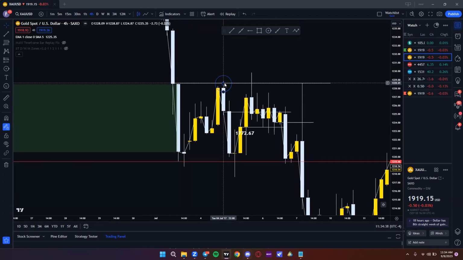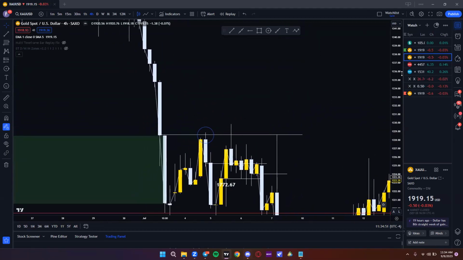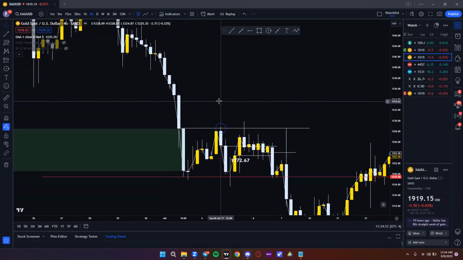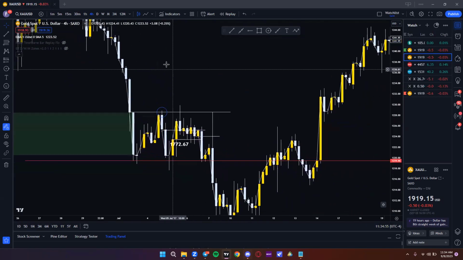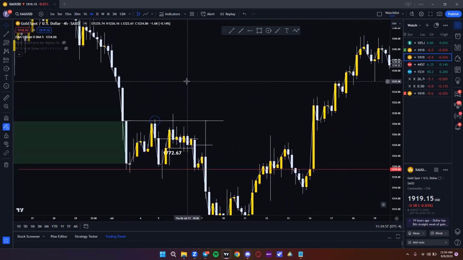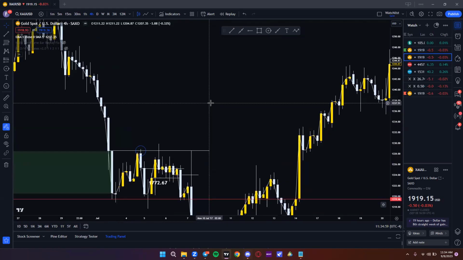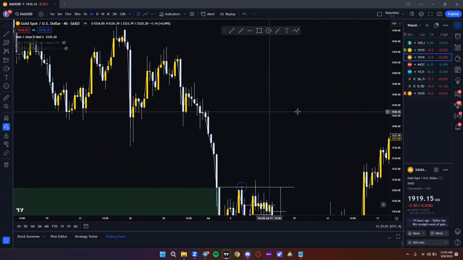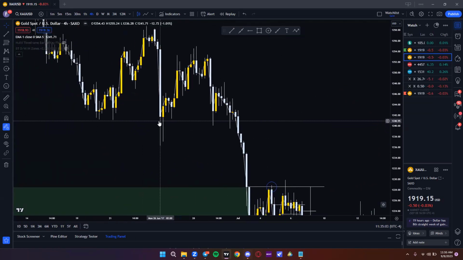From my testing, from my experience, what I'm seeing is that most of the time your swings are going to start with either 2 or 3 rejections of a decision level. So you can see how you have this 1, 2 rejection. This is a swing.